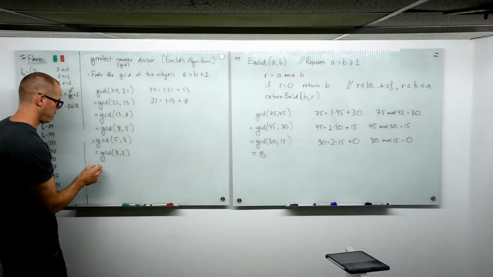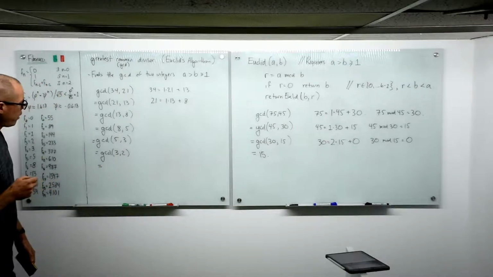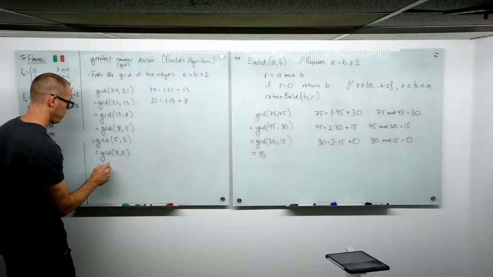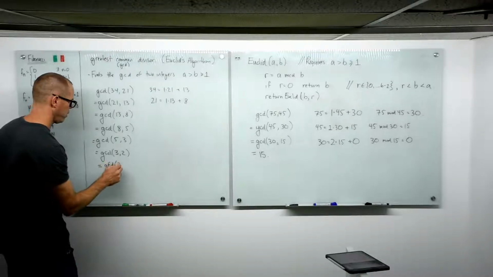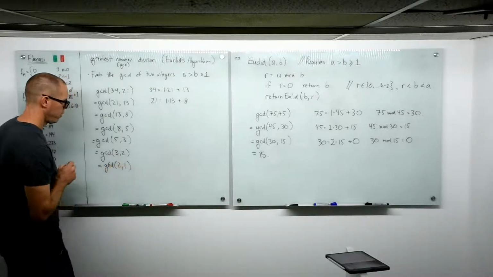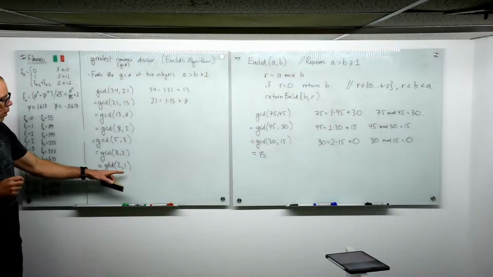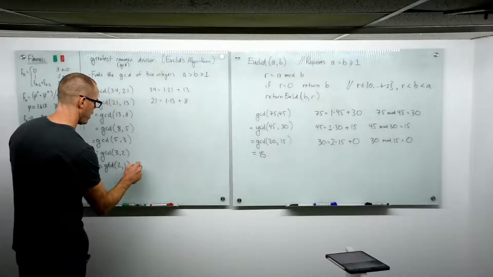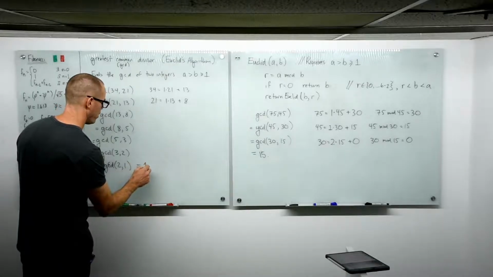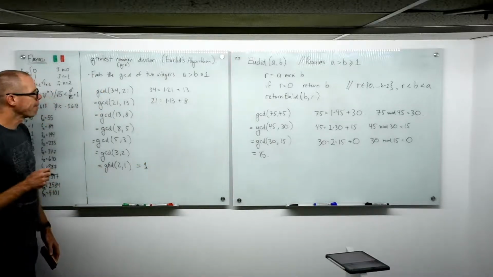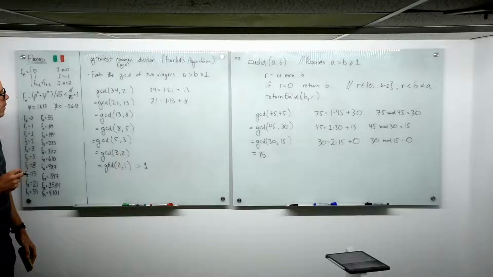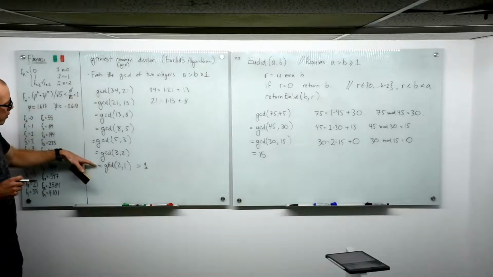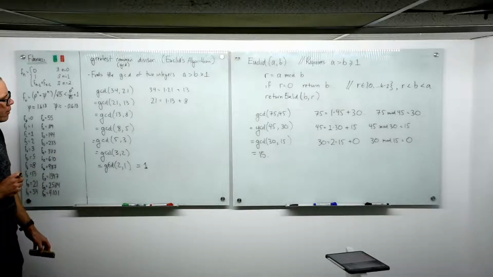So I get that. 3 is equal to 2 plus 1. And 2 mod 1 is 0. So the answer that I get in the end is 1. Okay. So there's another sort of long example.